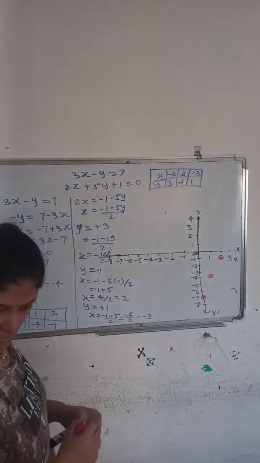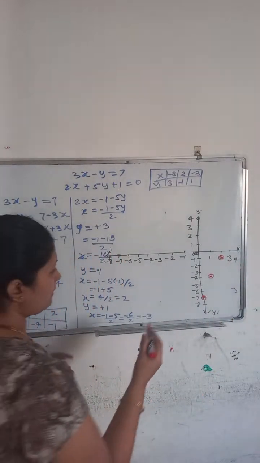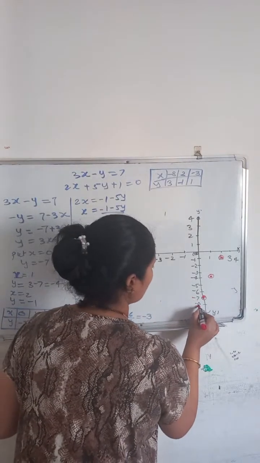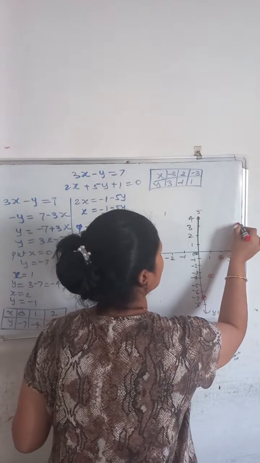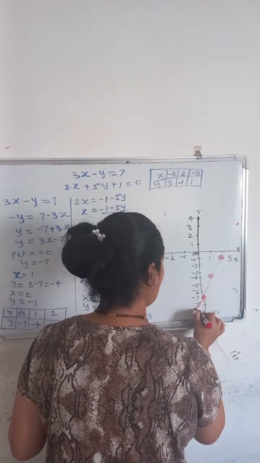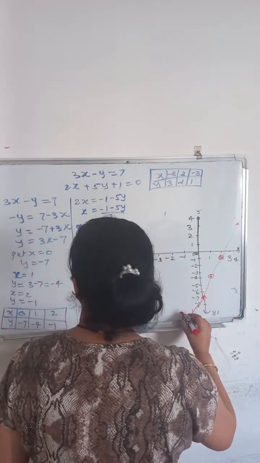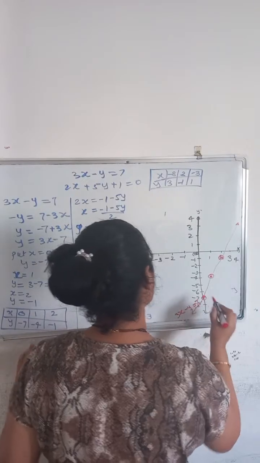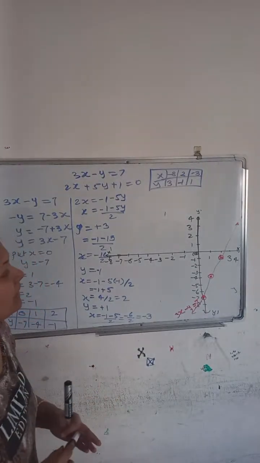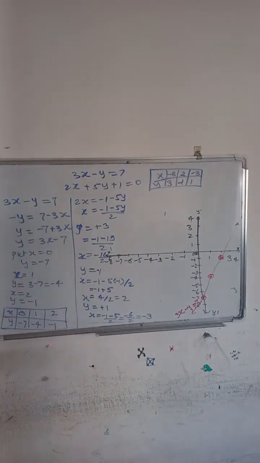If you have a scale, then draw this line, passing a line through all 3 points. I don't have a scale. And I will write the equation name, that is 3x minus y is equal to 7. Okay, this is the first equation I got.